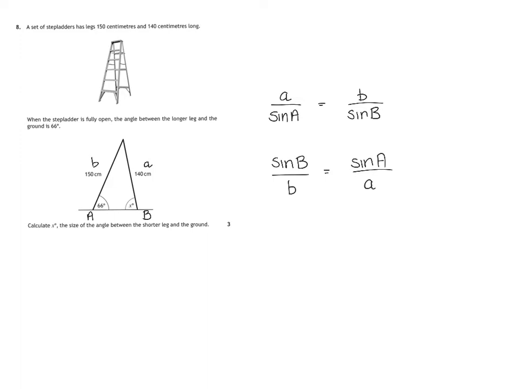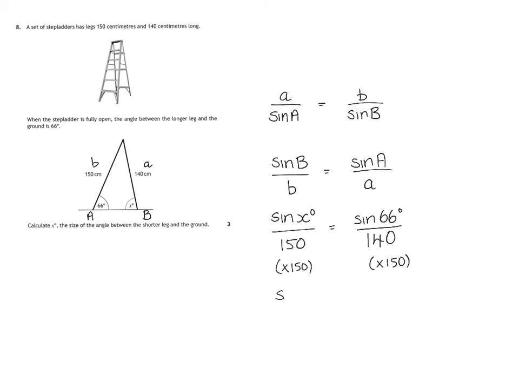So if we put in our values, we get sine x degrees over 150 is equal to the sine of 66 degrees over 140. We can then multiply both sides by 150 to get rid of the 150 on the bottom of that fraction.